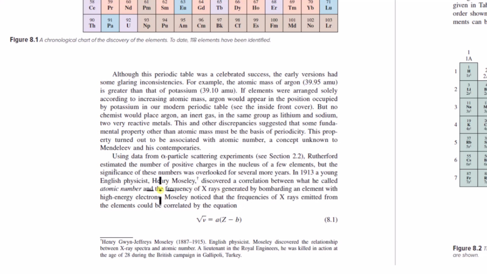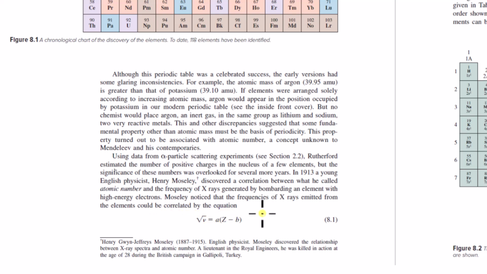Okay, and so what Henry Moseley did was, it says he discovered a correlation between what he called atomic number and the frequency of X-rays generated by bombarding an element with high-energy electrons. Moseley noticed that the frequencies of X-rays emitted from the elements could be correlated by the equation.